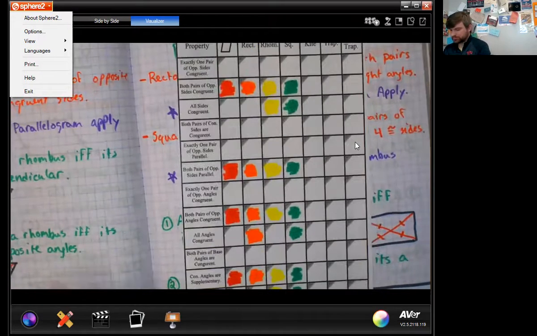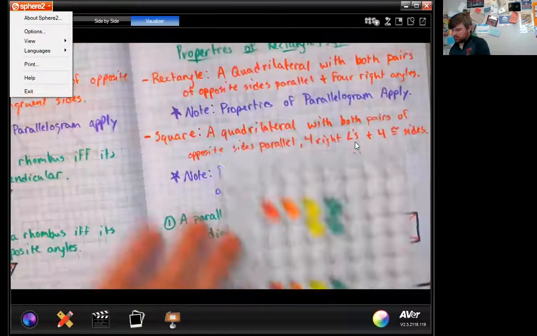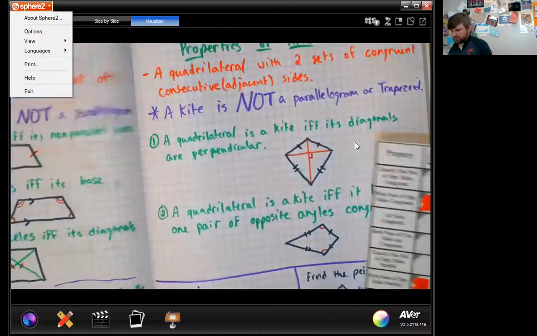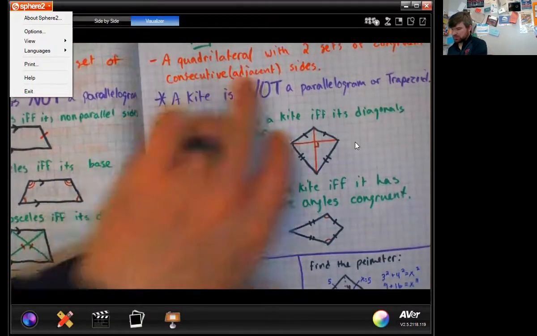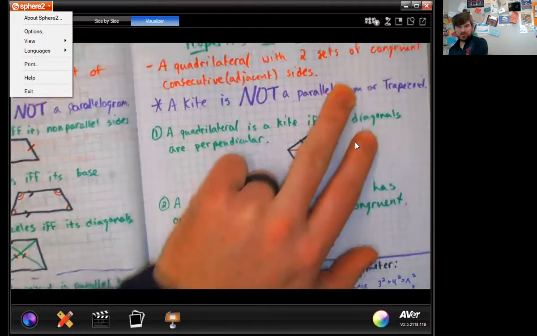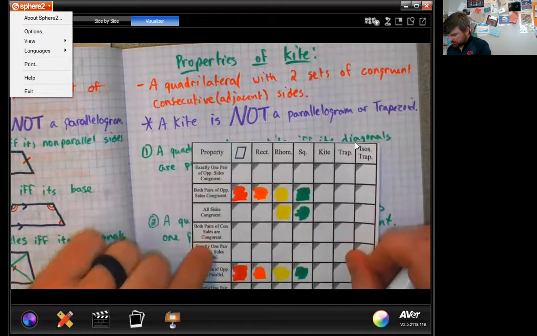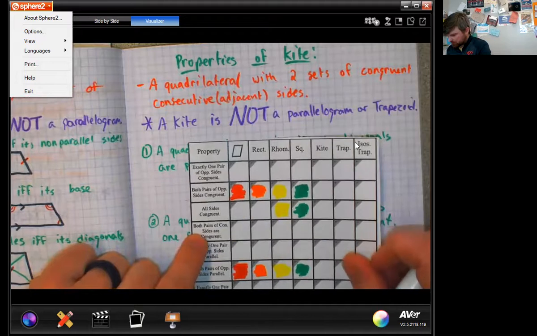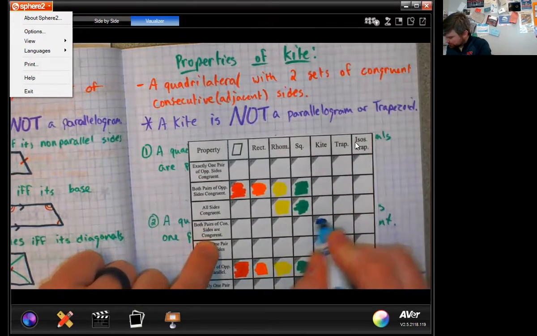Now for a kite, if we flip to the kite page here, a kite is a quadrilateral with 2 sets of congruent consecutive sides. So if we look here, both pairs of consecutive sides congruent, that's a kite.